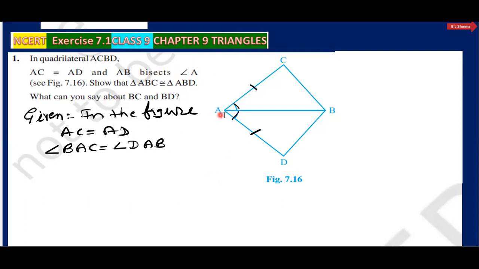This line AB bisects angle A, the whole angle, and AB divides it into two equal parts. And to prove: triangle ABC is congruent to triangle ABD, number 1. Proof.